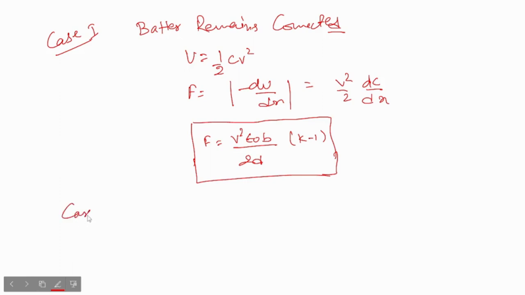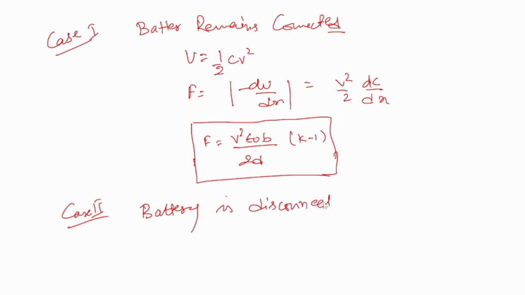Case number 2 is when the battery is disconnected. U will be Q square by 2C.